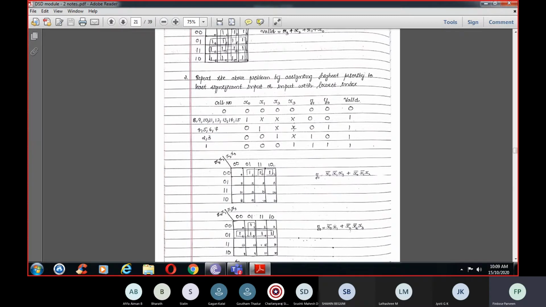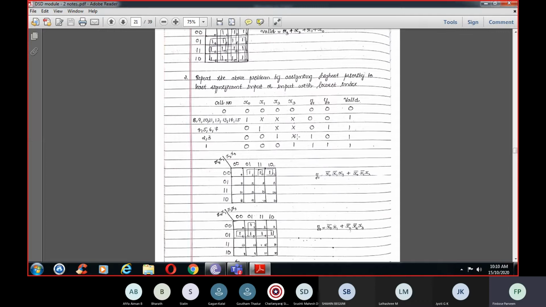Because two inputs, you will be having 4 combinations, so this is compulsorily 0, 1. Whatever decimal numbers you get, you will put here: 4, 5, 6, 7.